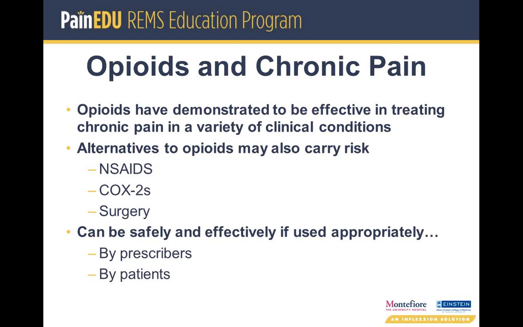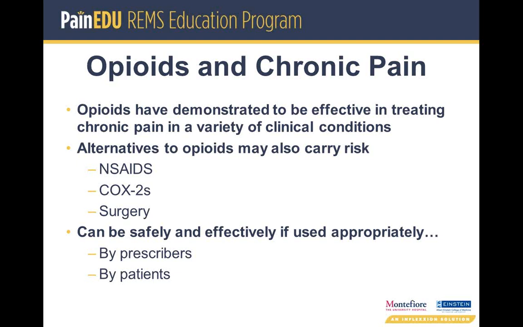And we also need to consider the fact that alternatives to opioids also carry their own risk. I have read statistics about the risks, particularly to NSAIDs and COX-2s, where people talk about a significantly large number of hospitalizations and even deaths related to their use on a chronic basis.